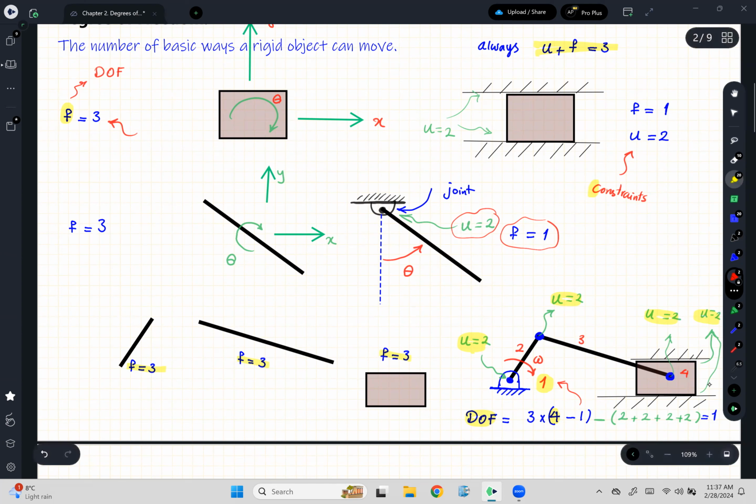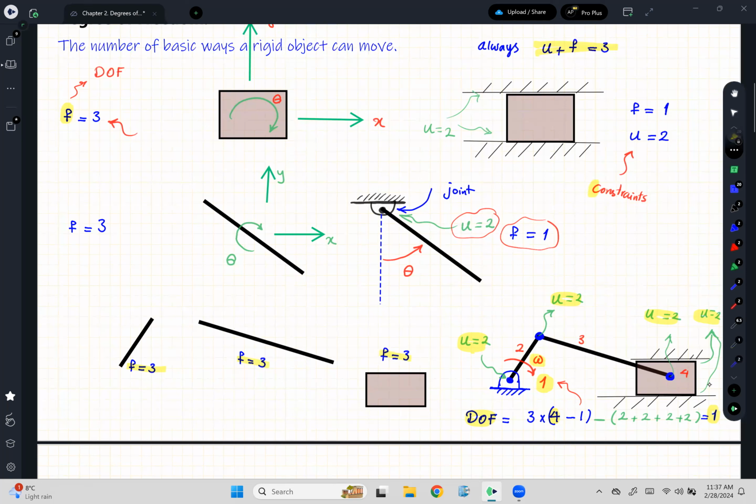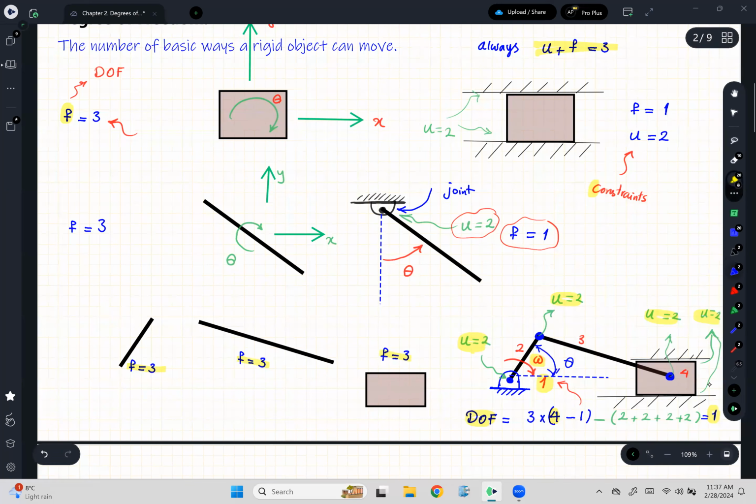So a degree of freedom of 1 means that 1 piece of information, like a speed or an angle, is good enough to find out the rest of the information about this mechanism. For example, if I know the speed, or how this angle is changing, it's good enough to learn about this mechanism, all right? Similar to that pendulum at the top, if I know this angle theta, that's enough for me. I can analyze it, okay?